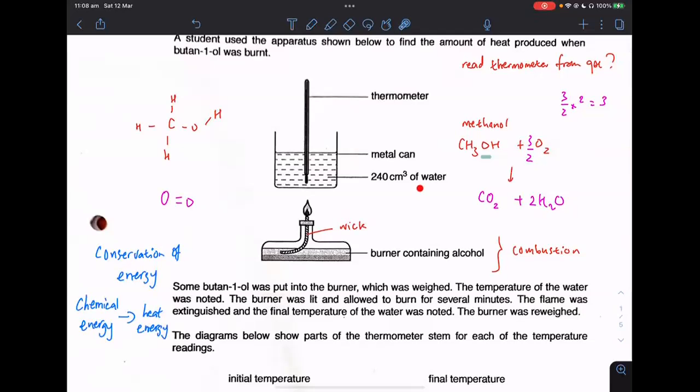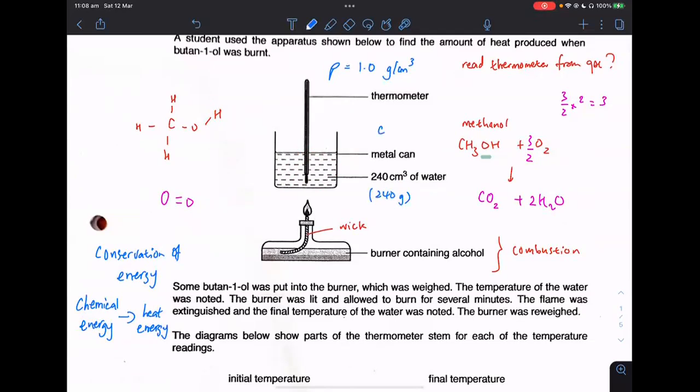Heat capacity of water, the volume of water in cm cube, which is the same as the mass of water in grams, because you know in physics they will ask you this, 1.0 gram per cm cube. So if you have 240 cm cube, that means you also have 240 gram, because the density of water is 1 gram of water for 1 cm cube of water. So 240 cm cube of water is 240 gram.